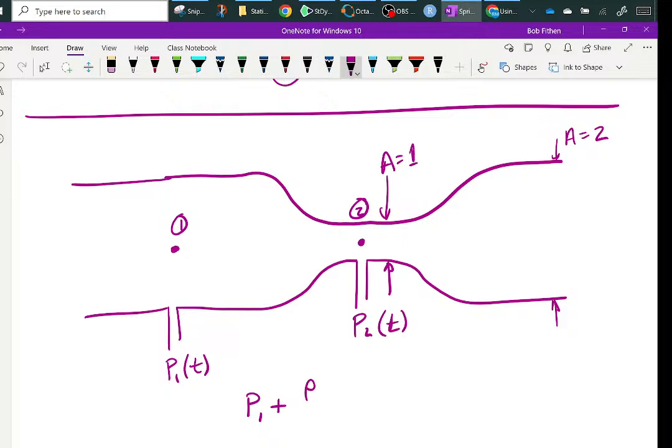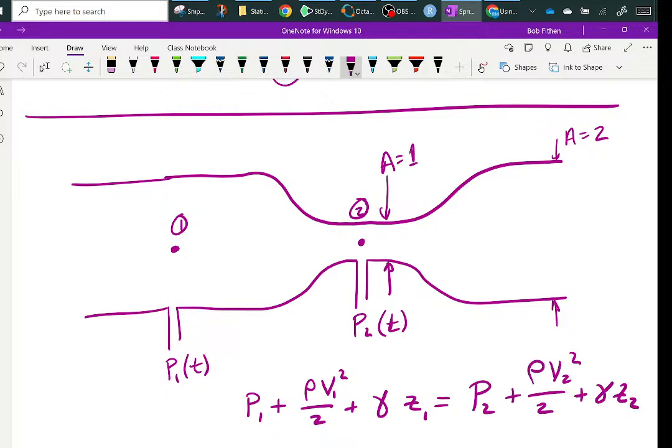Now, mine's air, but mine's not flowing fast enough that the density is going to be any different. So rho V1 squared over 2 plus rho g z, but most textbooks combine these together to give you gamma, is equal to pressure 2 plus rho V2 squared over 2 plus gamma Z2.